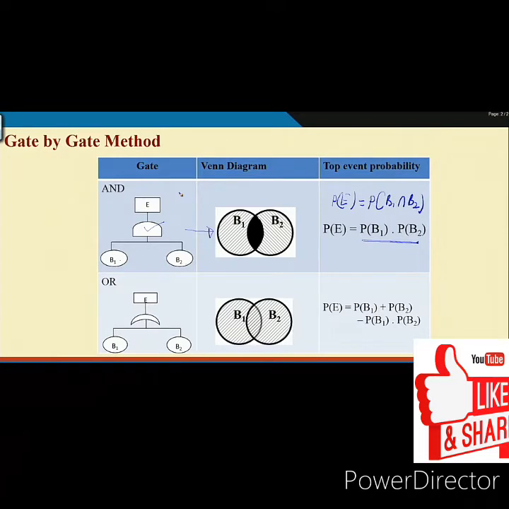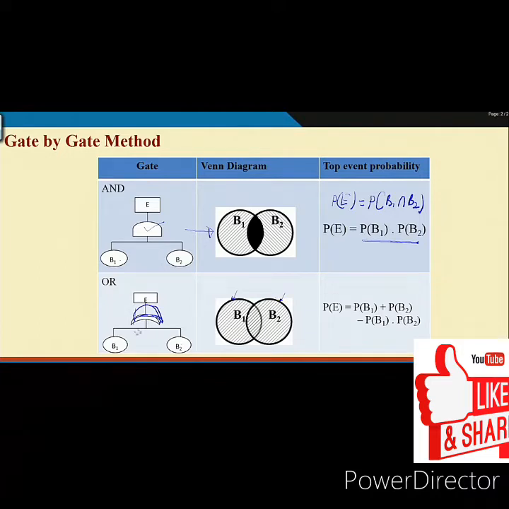So, first the basic gate operation or quantification you see. Second one is the OR gate. What is an OR gate? That means if any of the basic events occur, the top event will occur. This is our OR gate. Now, the probability of B1 is represented by this first circle, B2 by the second circle.